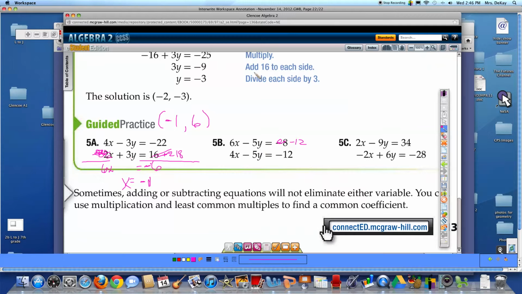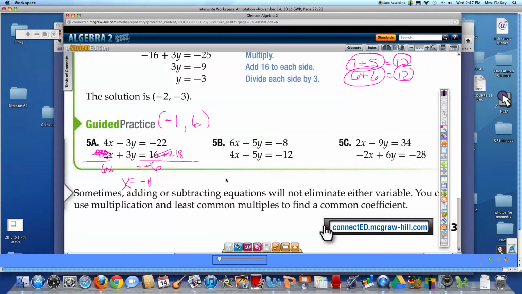No, because how can they equal the same thing if they're different? I can think of 7 plus 5 is 12, and 6 plus 6 is 12. Just because I got the same 12 doesn't mean this is the same. That's true. That's the best way I know how to answer that right now.